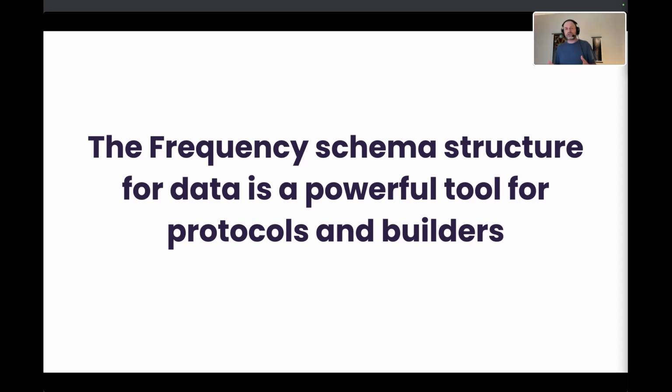And this schema structure for data is a powerful tool for protocols and builders. You can build a schema that meets your protocol's needs and get lots of different applications to adopt it and use it and interact with it. And none of those applications need anything more than to know what the schema is on Frequency.